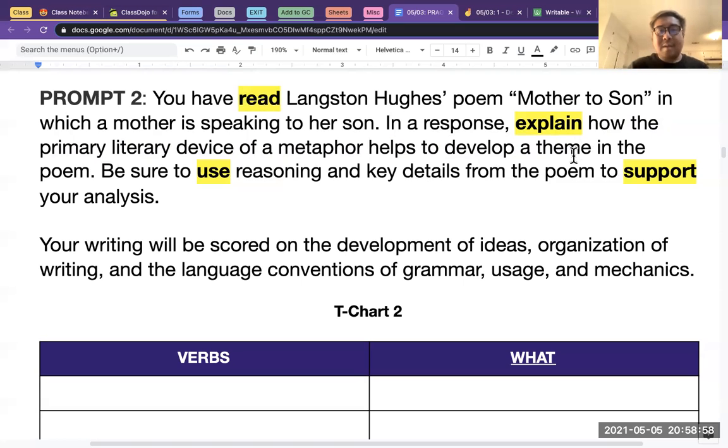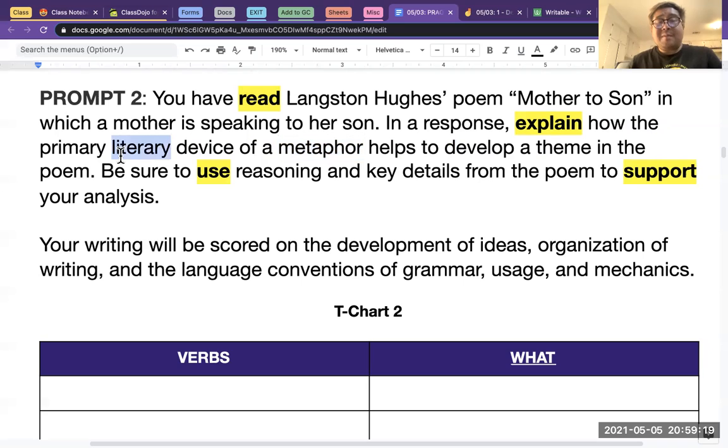For example, to read. That makes sense. That is a verb. To explain. That is a verb. That makes sense. To metaphor. That is not making sense, so that is probably not a verb.